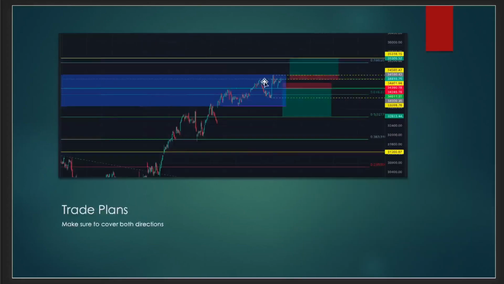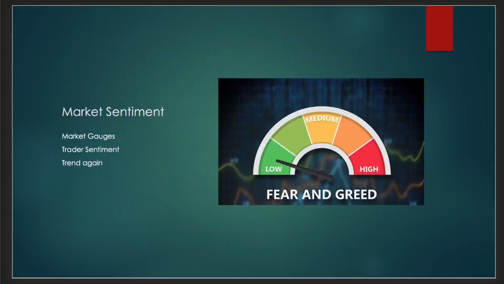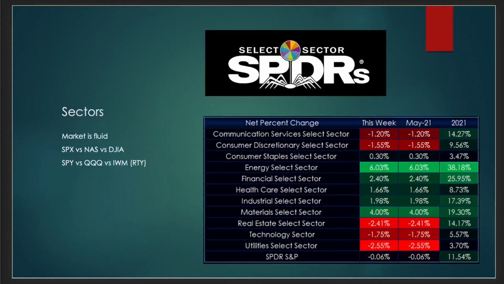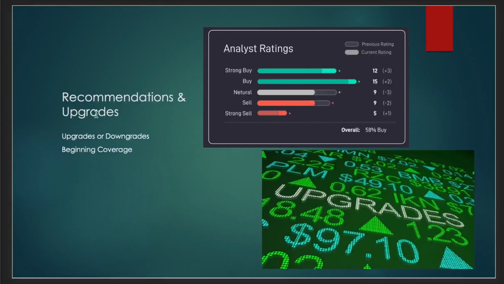analyzed trade plan that gives you a bullish target to the upside, and you were looking, let's say that this was a company, I believe that this is the Dow Jones, the DJIA, but let's say that this was a ticker, and you also had very bullish market sentiment coming out of the weekend into the trading week, and the sector for that particular ticker was looking good, and that particular ticker even had an upgrade.